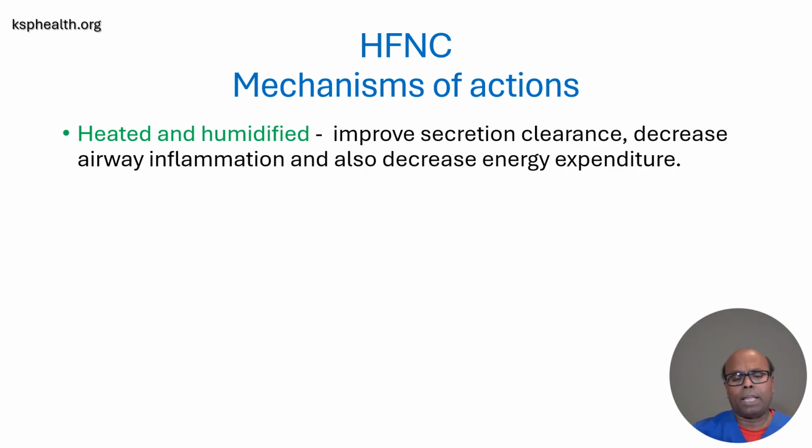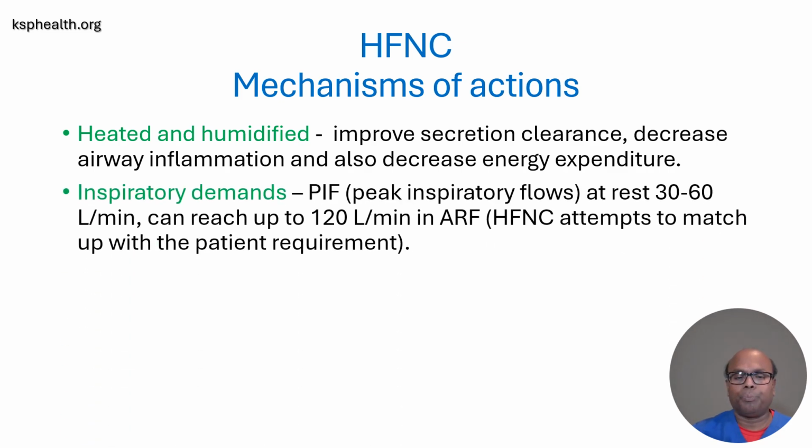How does high flow nasal cannula work? One, it is heated and humidified, which improves secretion clearance, decreases airway inflammation, and also decreases energy expenditure. And it attempts to match up with the patient requirement. What does that mean?